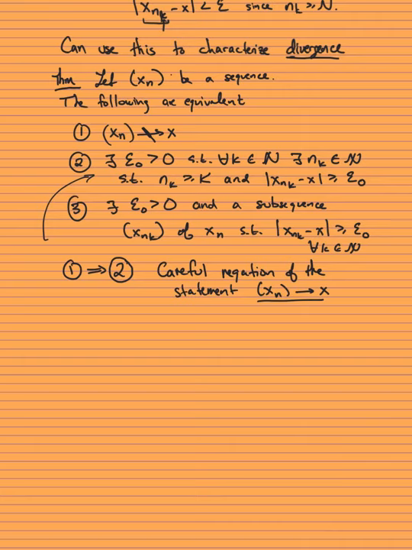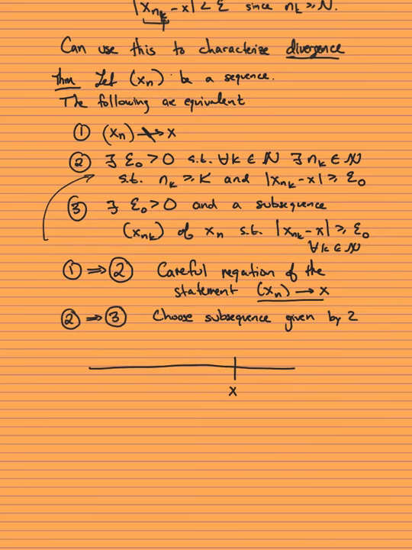So 2 implies 3 is really just choosing the right subsequence. So choose the subsequence that 2 gives you. Okay, so in other words, maybe I'll just draw this picture.